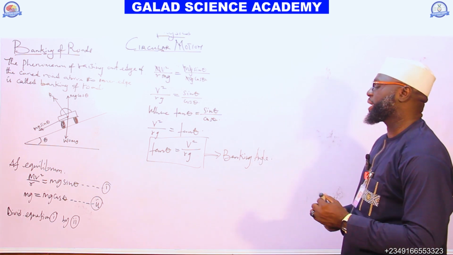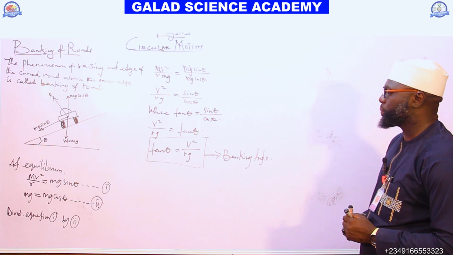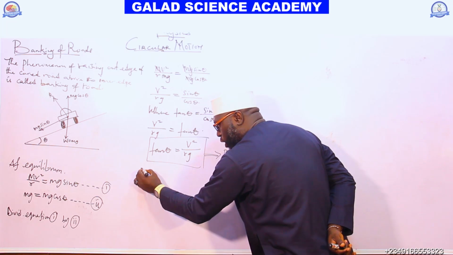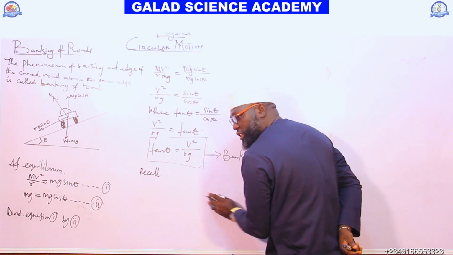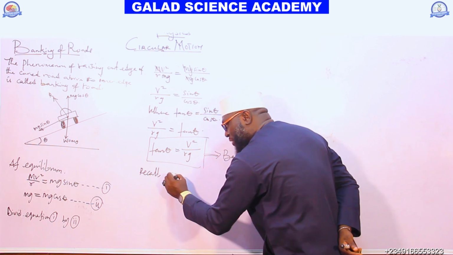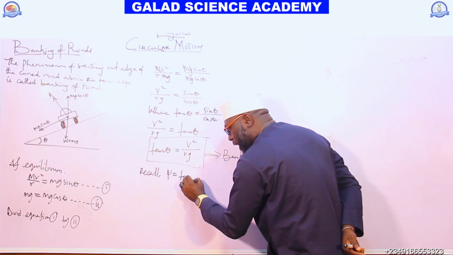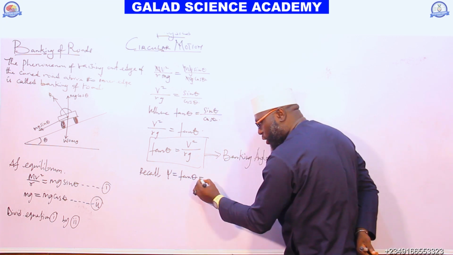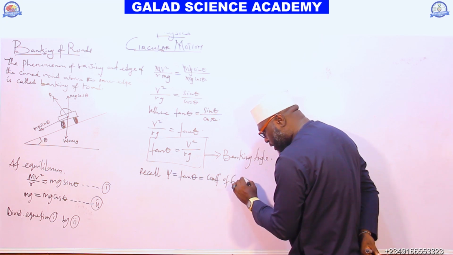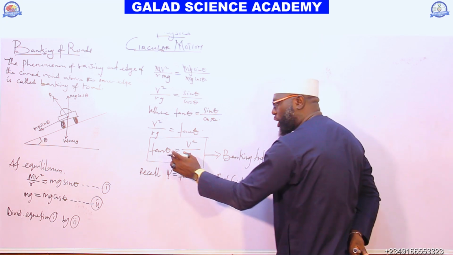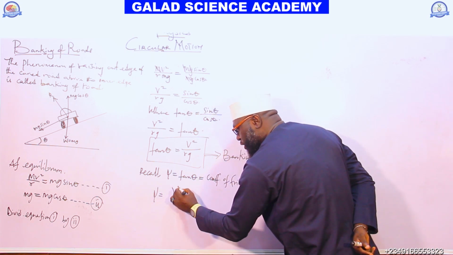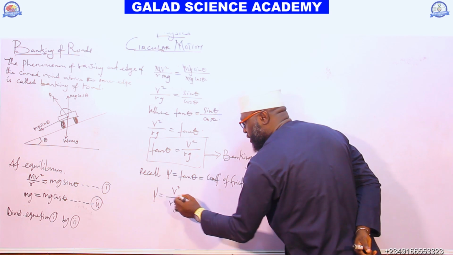We call it the banking angle. And again, you can also recall from frictional force, we all know that the coefficient of friction is equal to tan theta. So we can also have the coefficient of friction equal to v squared over Rg.